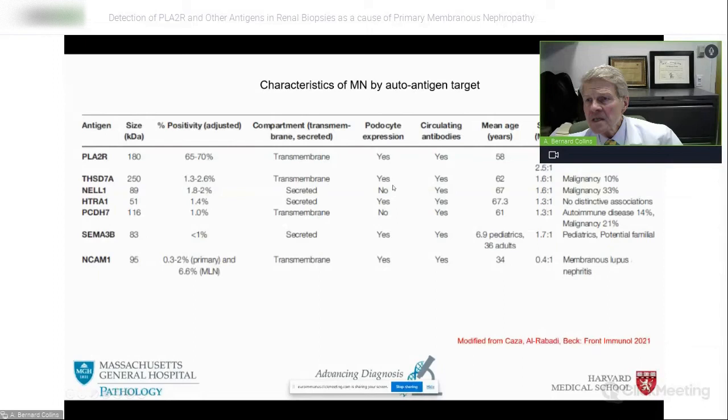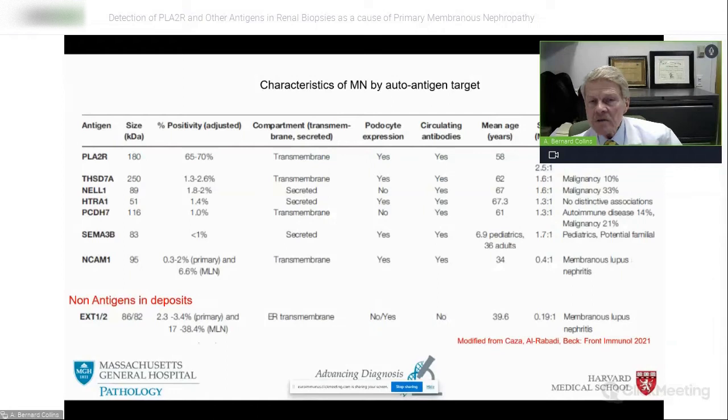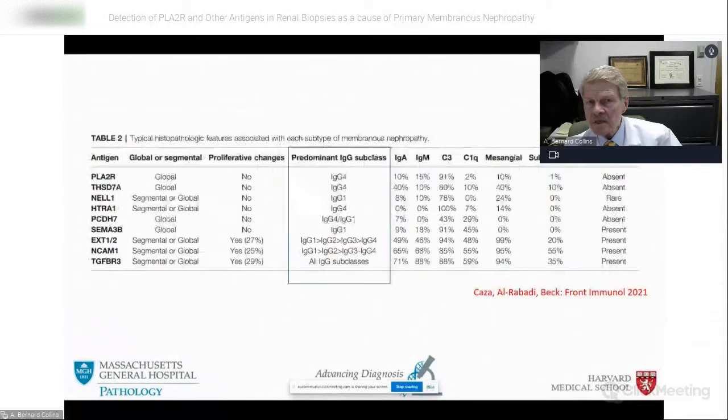One of the things you see here is that Nell-1 is not on the podocyte, and protocadherin 7 is not on the podocyte, and whether there are circulating antibodies to it, the age and sex of the patient, and whether there are other distinctive associations. We're going to talk more about a distinctive association in our unknown patient that we're going to work through. And also just keep in mind that for exostosin 1 and 2, there's a question about what the significance of that is in the immune deposits in patients with SLE.